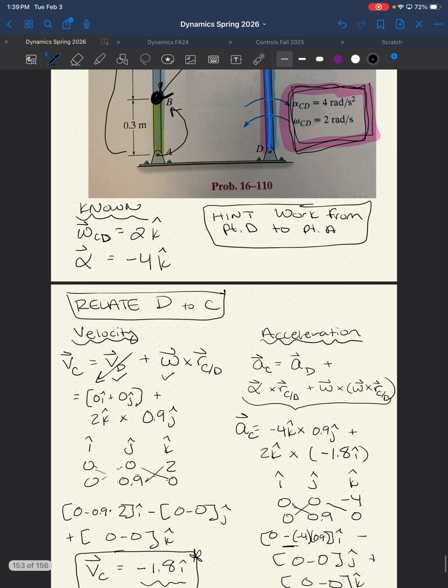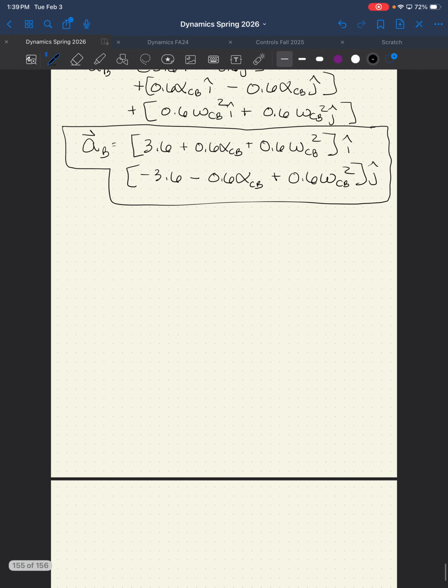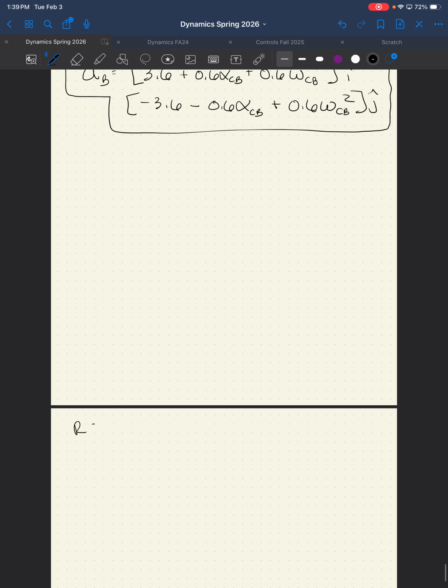Zero minus 0.3 omega AB, I hat, minus 0 minus 0, J hat, plus 0 minus 0 K hat. VB equals minus 0.3 omega AB, I hat.